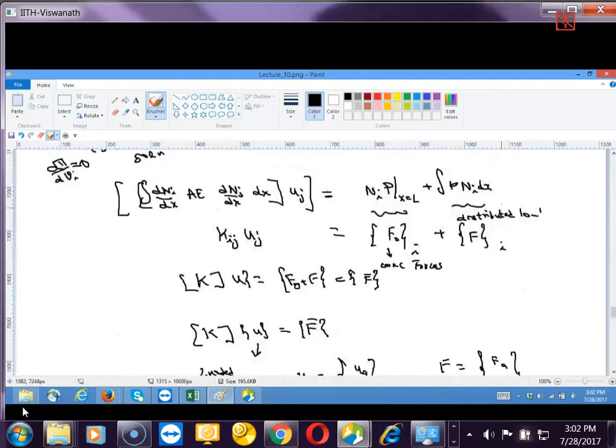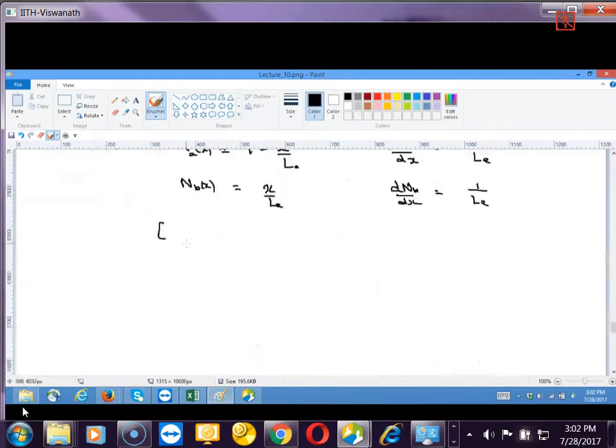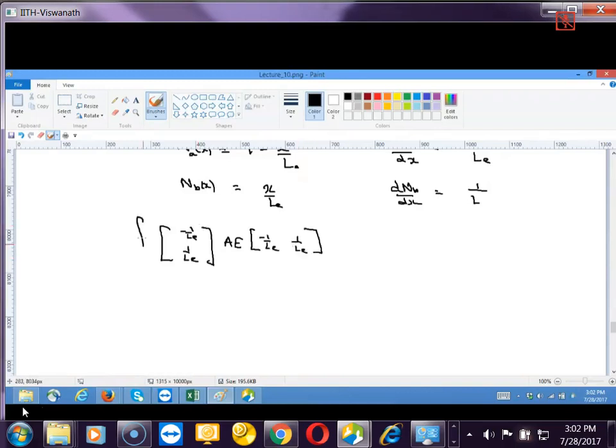So let me rewrite it. Minus 1 by LE, plus 1 by LE, AE, because these are rows, this is a column vector, and for the nj's it will be minus 1 by LE and plus 1 by LE, integral 0 to LE dx is my K matrix.